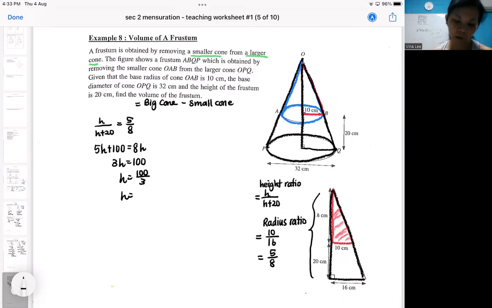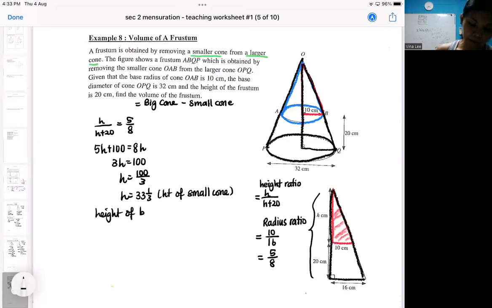So this h is the height of the small cone. And then the height of the bigger cone will be this plus 20.